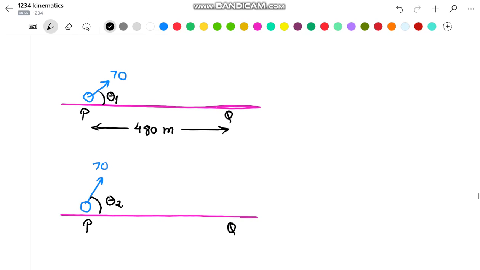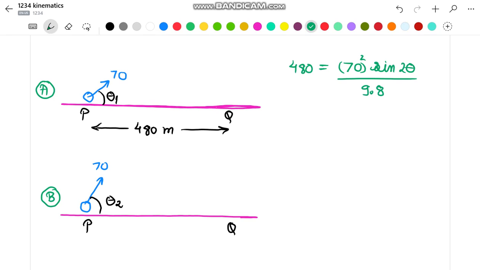Okay, so now let us apply the formula for range of projectile A. We are denoting both the conditions by A and B. So let us apply the equation of range for projectile A. We can write the value of range is equal to u square sine 2 theta divided by g.